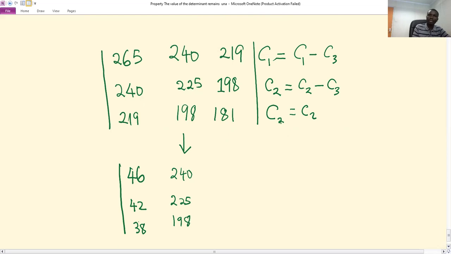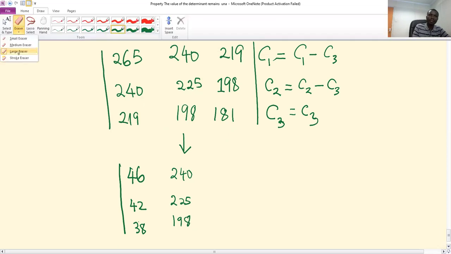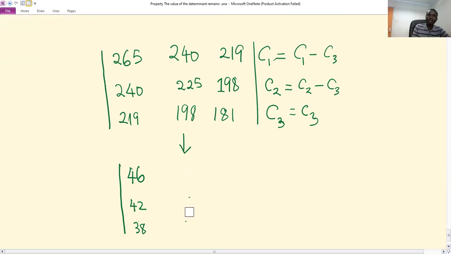Okay, so column 3 remains column 3. Sorry for that. Also, I've already specified that column 2 is given by this formula, column 2 minus column 3.